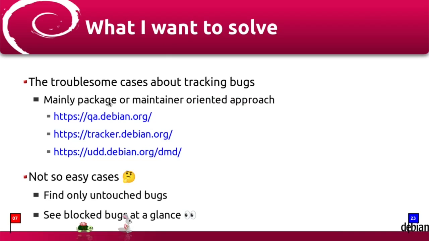There are many services in the Debian project: QA, Tracker, Debian Maintainer Dashboard, and so on. But from the point of view of tracking bugs, there are cases where it is hard to do. This is because these services are aimed to help package maintainers.